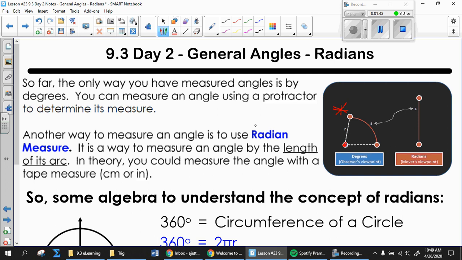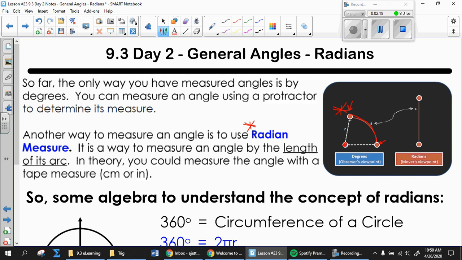When we talk about radians, it's a completely different way to think about what an angle is. It is a way to measure an angle by the length of its arc. So in theory, you can measure the angle with a tape measure because it's a distance. If I look at this same angle over here, it is literally the distance if I started at this point here and walked to this point here.